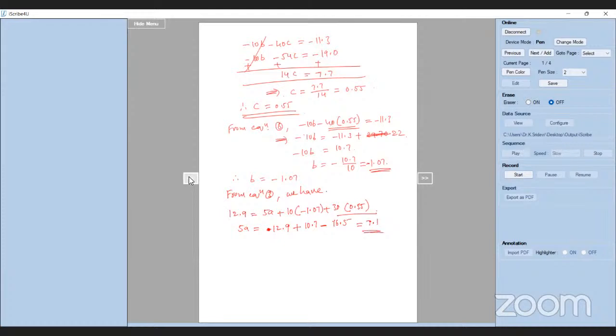Is it right? Yes, 7.10. That means the same, 7.1 or 7.10.